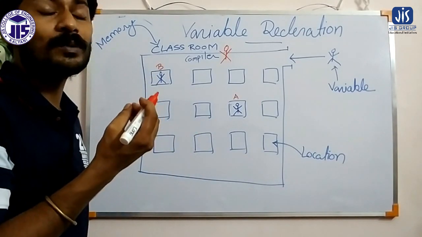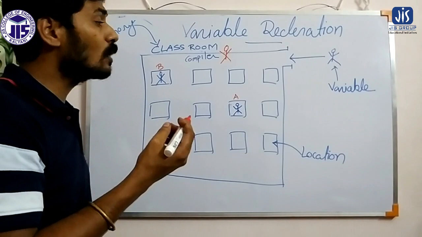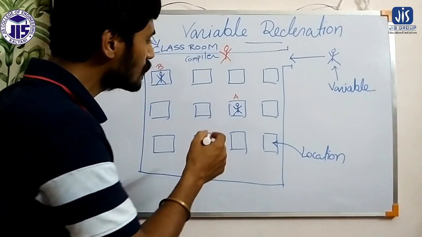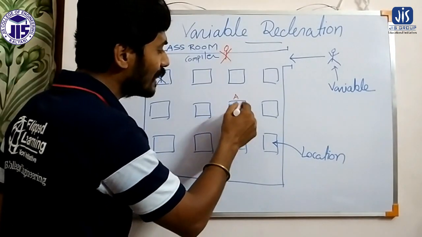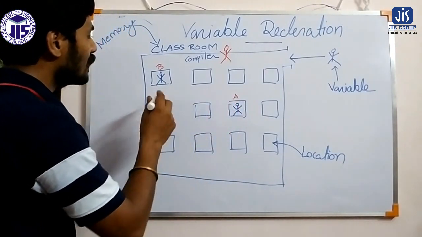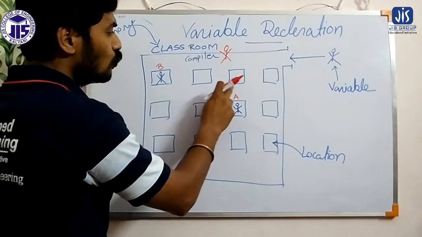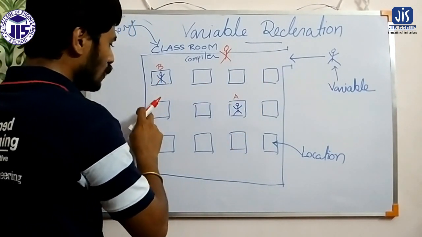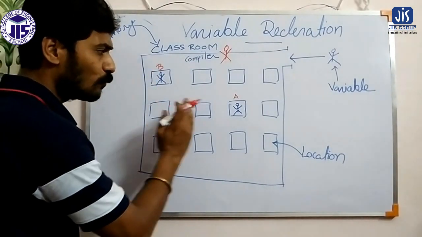Another process is that we can call the student by the location. By the location means, for example, for the student who is sitting here, we can say the location: this is column 1, column 2, column 3, column 4, row 1, row 2. So 3 rows are there and 4 columns are there.